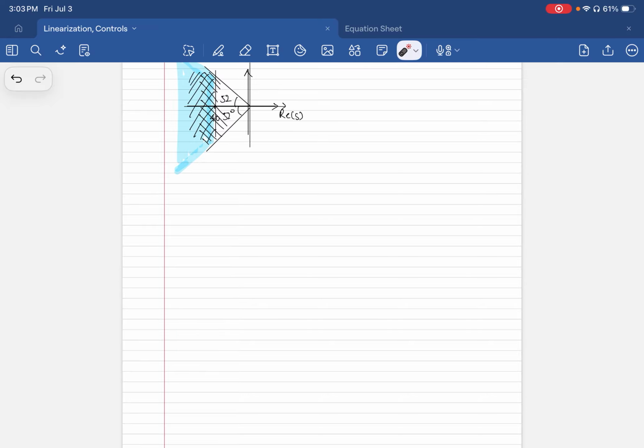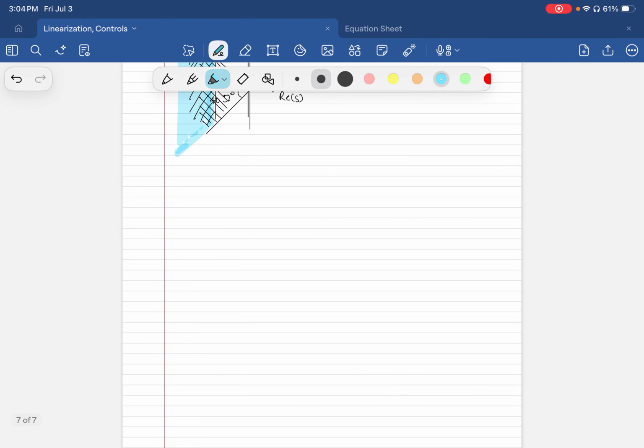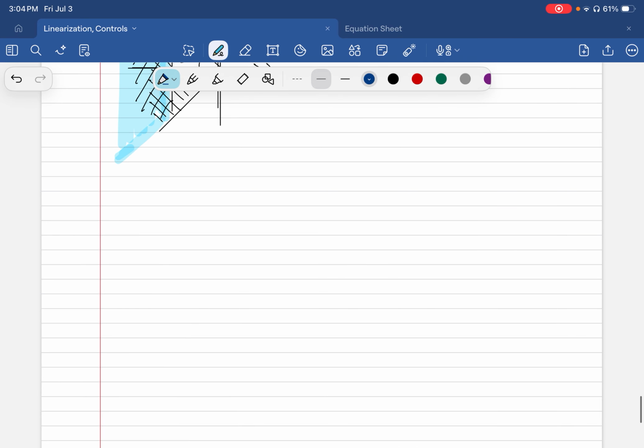Now, how does this apply to our control system discussion? To do this, we're going to be using transfer functions quite a bit again. So here we have your transfer function for the system that you're controlling, that is going to be given by Gp of s, which represents the plant transfer function.